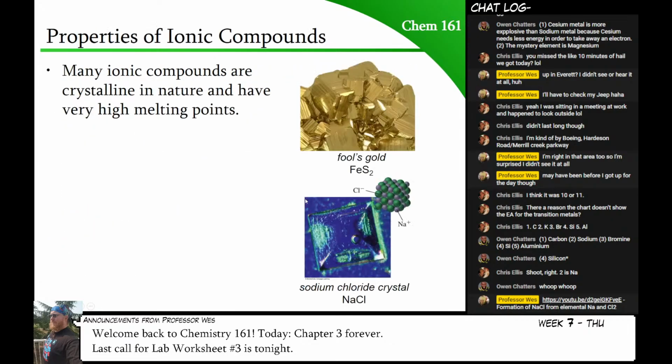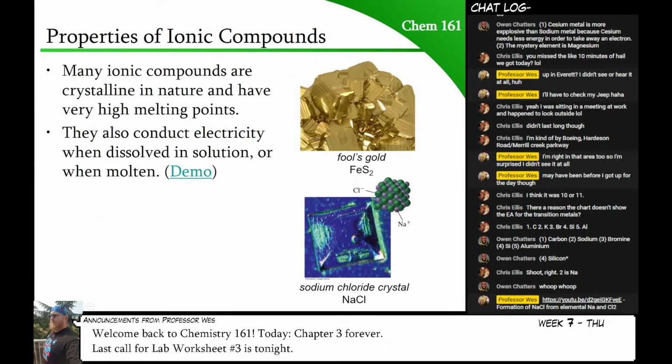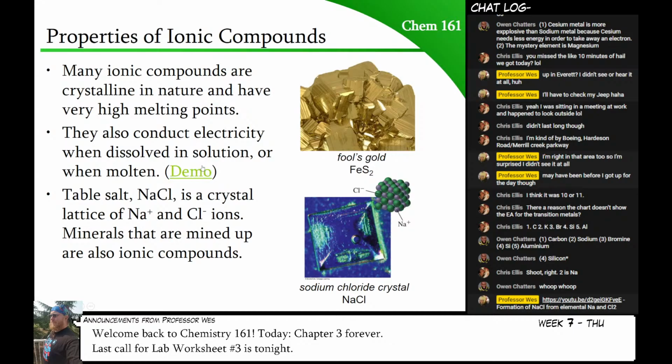And then I have another demo here. This shows the conductivity of an ionic compound when you melt it, which is actually kind of neat to do. So this is molten NaCl, which is conductive of electricity.